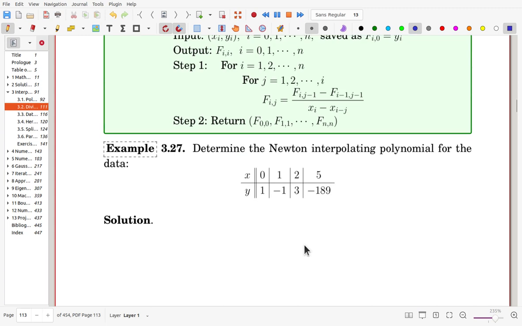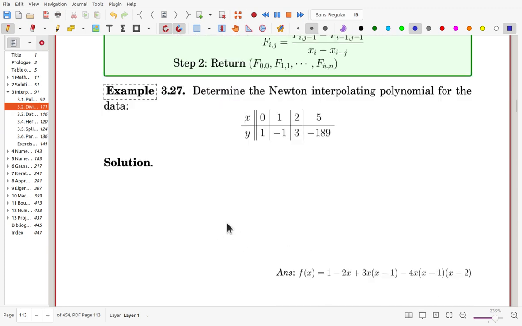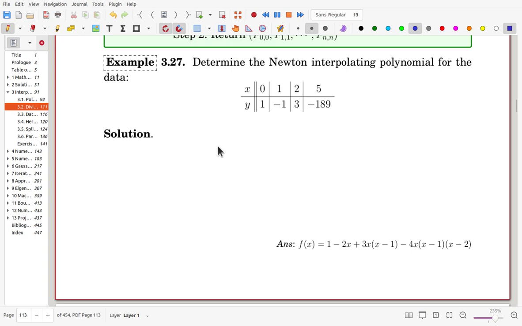Let's try to get the Newton interpolating polynomial for the data in this table. We'll use this technique. Here we start with x and y, which is the zeroth divided difference anyway.